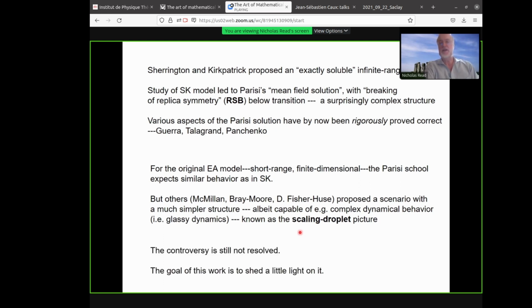So this controversy of which of these pictures, or maybe something else, occurs in short-range spin glasses in, say, 3 dimensions is an unresolved question. And I'm hoping to shed a little light on this.